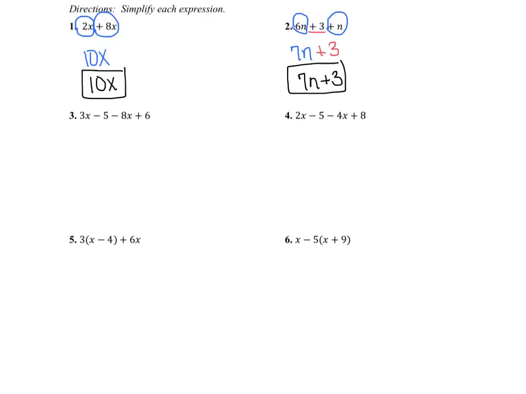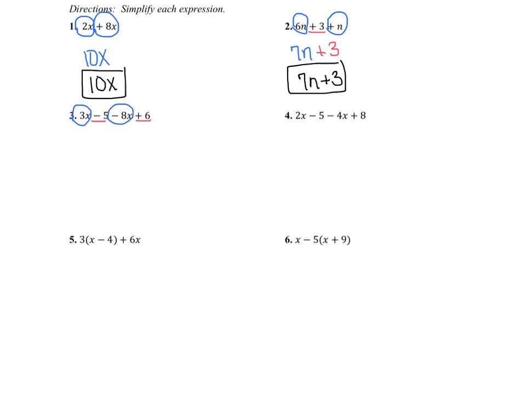Let's look at number 3. 3x minus 5 minus 8x plus 6. So let's identify our variables. We have 3x minus 8x. And then minus 5 plus 6 are our constants, or like terms. So now 3x minus 8x, different signs, subtract, keep the sign of the higher number.